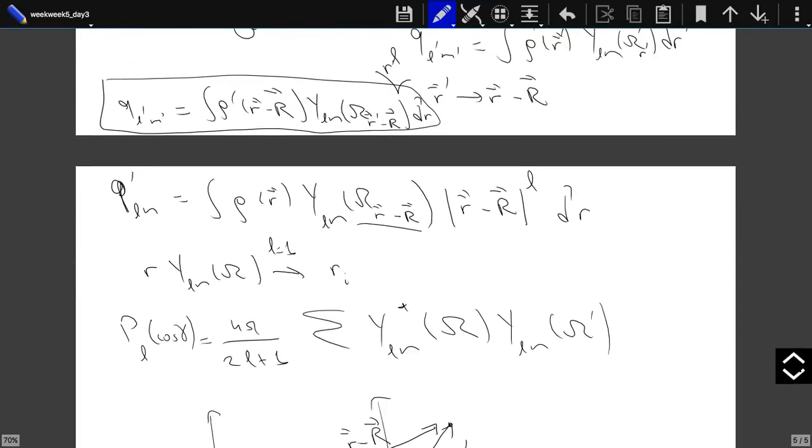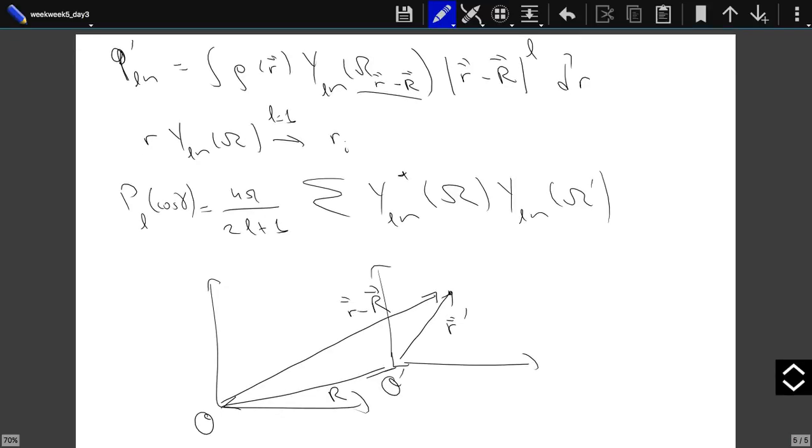Now, omega of r minus R, we should somehow relate this angle over here to this angle over here.